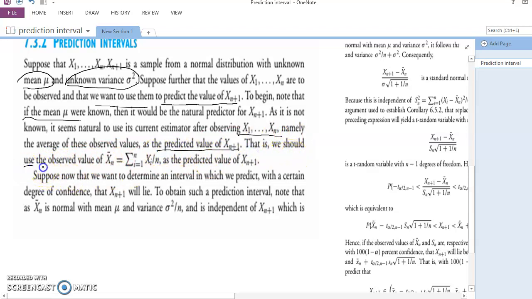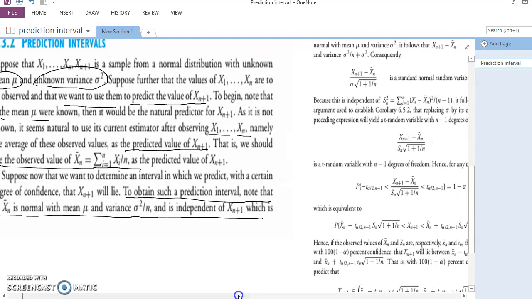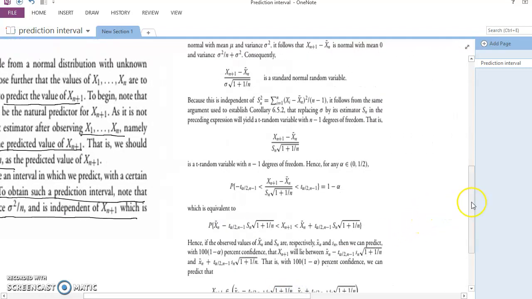We should use the observed value x bar n to predict Xn plus 1.